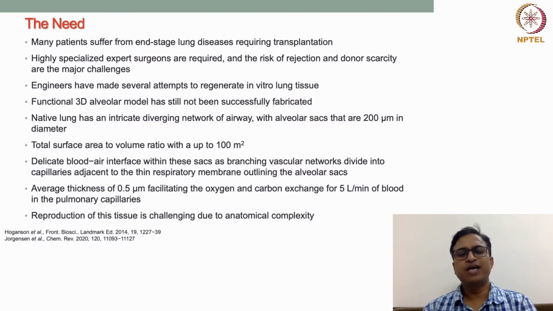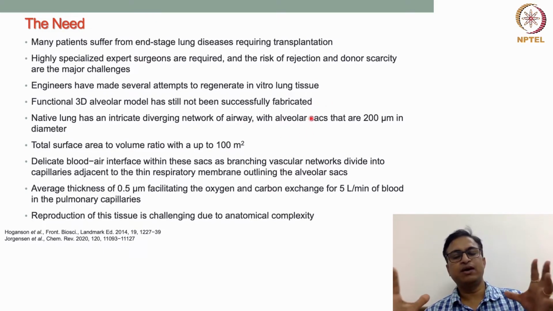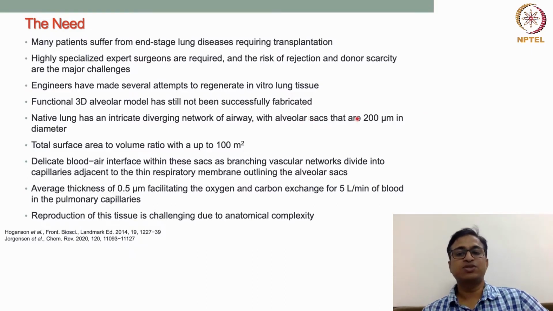The native lung tissue has an intricate diverging network of airways with multiple alveolar sacs, and these sacs are about 200 micrometers in diameter. Numerous such sacs are present in the lung tissue.